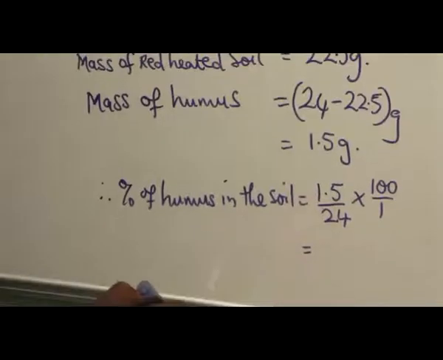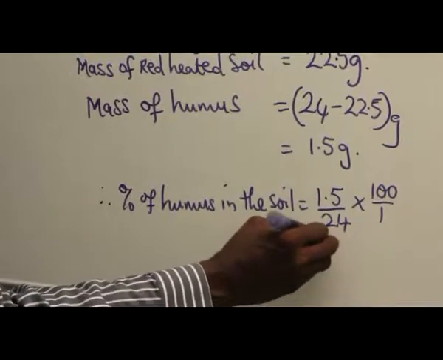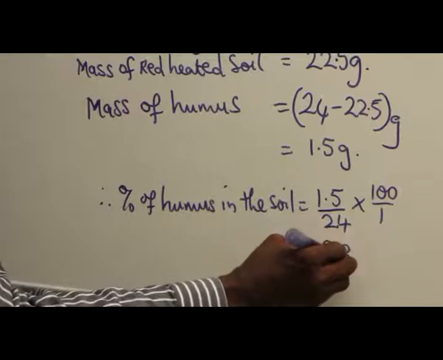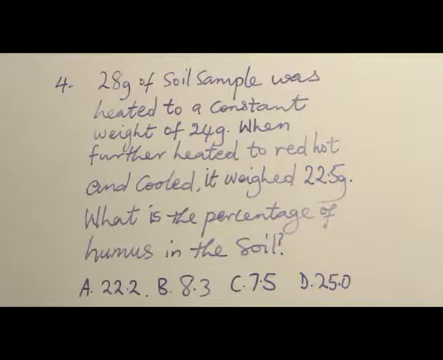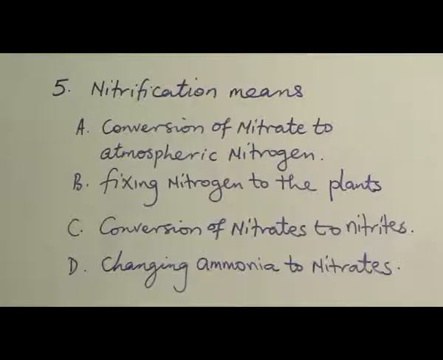This will give us 8.3%. You now go back to your options. You will discover that it's only option B that gives the same value as our calculation. So our answer to the question is 8.3%, the percentage of humus in the soil.